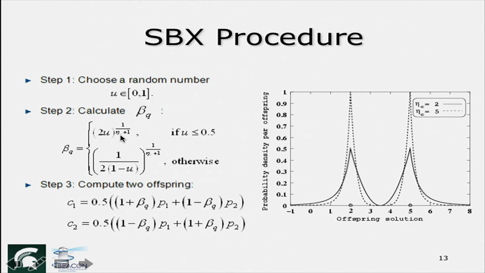Now, to differentiate from mutation, we call it not just eta, but eta sub c, to say crossover. And this is the parameter I said you can choose 2 for single objective optimization, and you keep it fixed all along. So this is how you create beta q that does this nonlinear distribution, and then you create the first child from p1, p2 by this formula, second child by this formula.